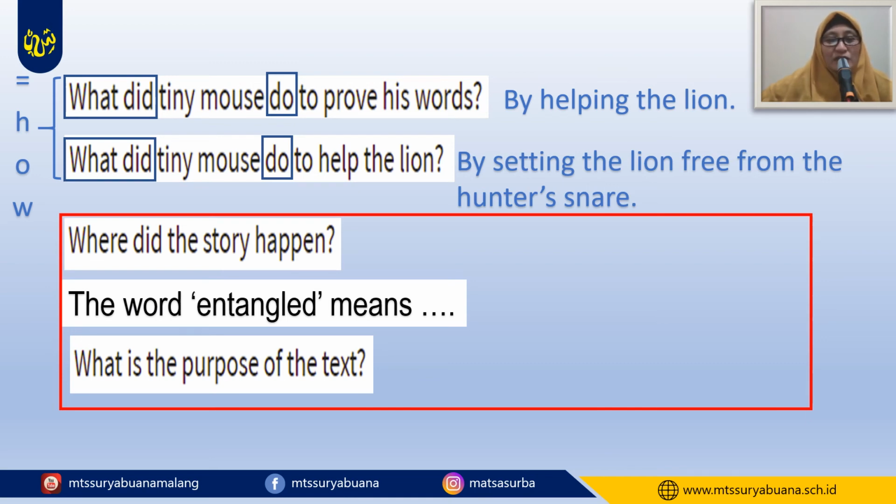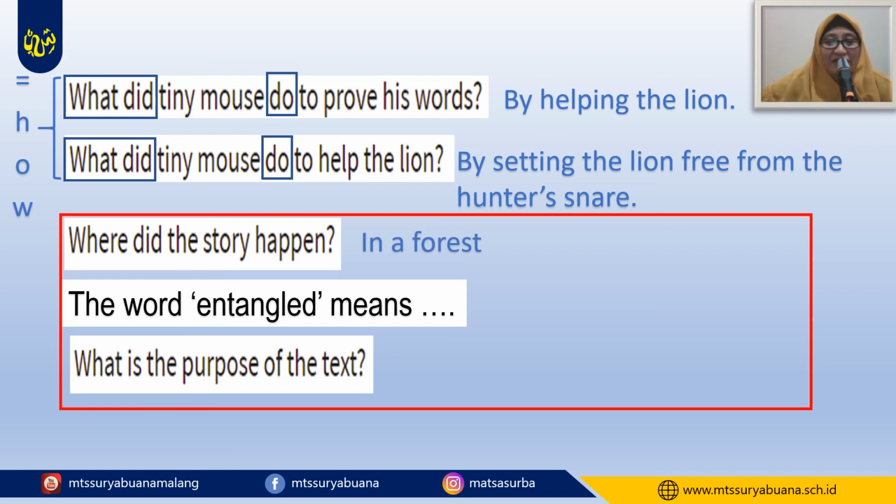And then the next question: the word entangle means blah blah blah. So this is more about vocabulary. And then the last question here is, what is the purpose of the text? Do you still remember the goal of a text, especially a narrative text? Now let's try to find the answer one by one.